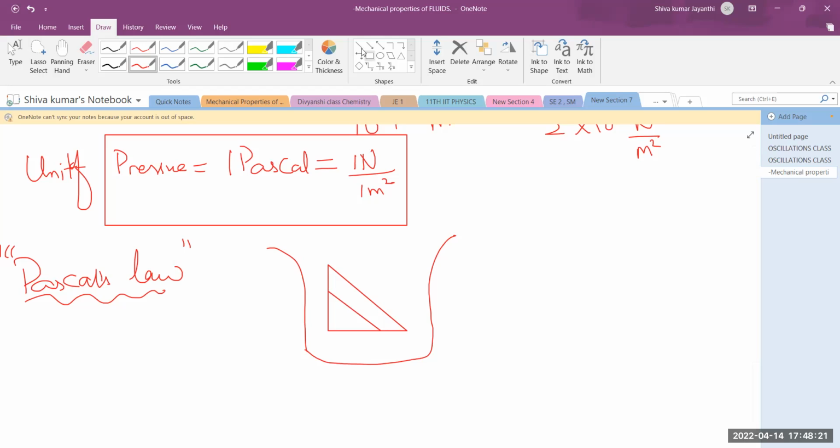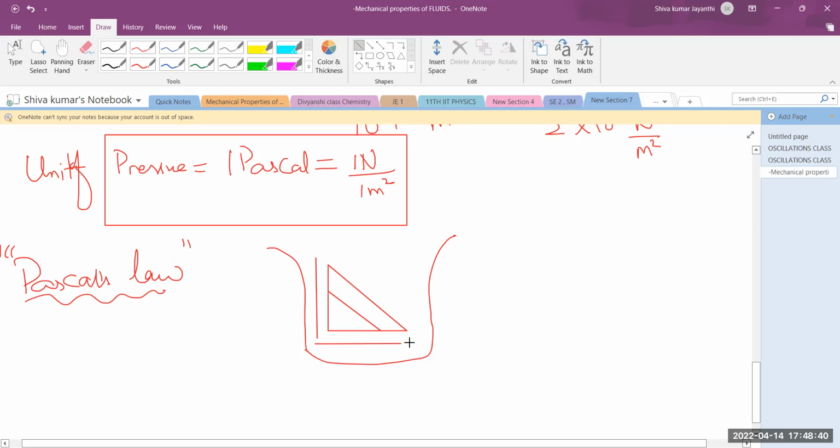So now we took a shape, what is this called? Pyramid shape. You take a pyramid shape.